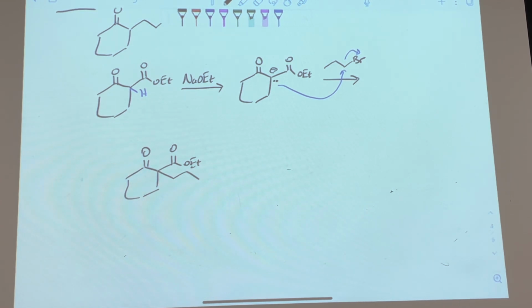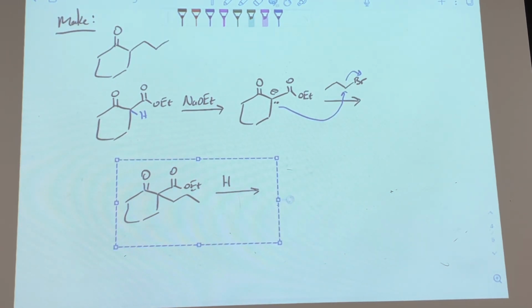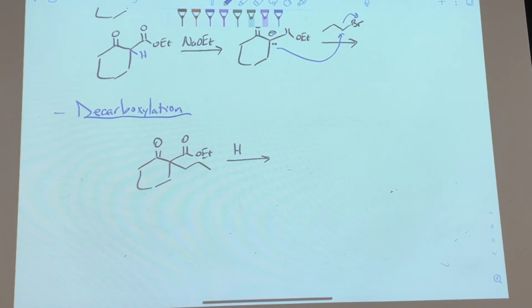Because if I were to take this compound, by the way, what we're doing now is what's termed, we're attempting to do a decarboxylation here. So if I take this ester, any ester really, remember what happens to esters if you treat them with dilute acid and heat?